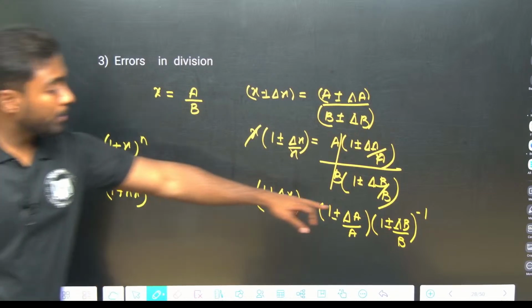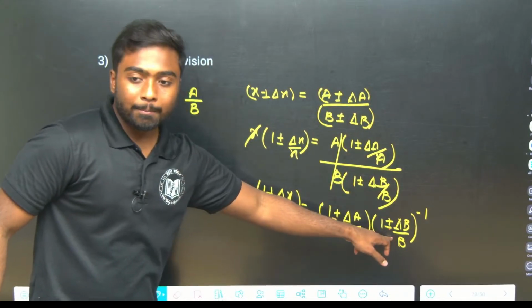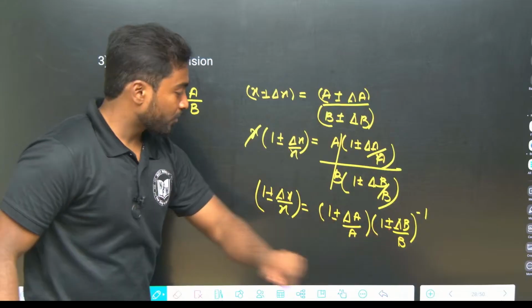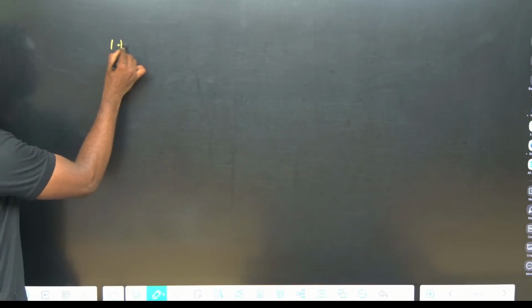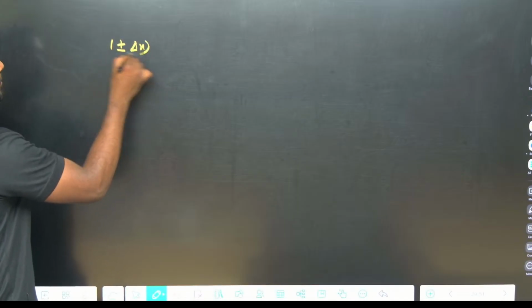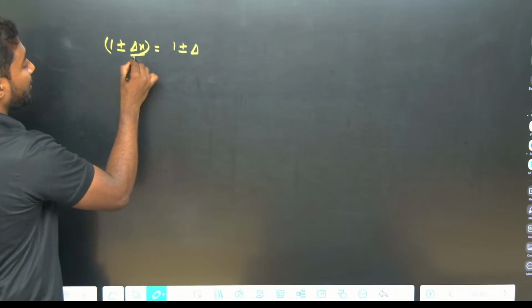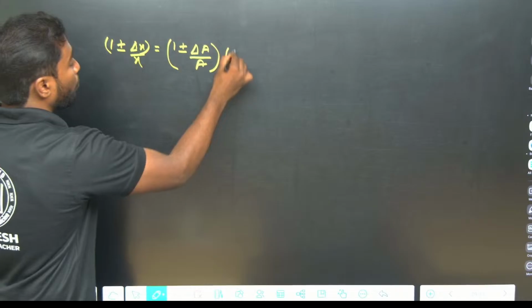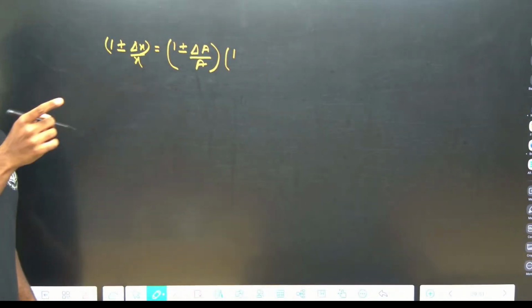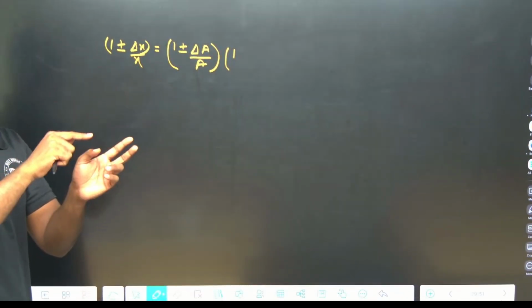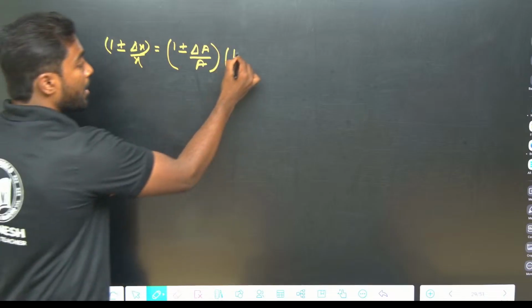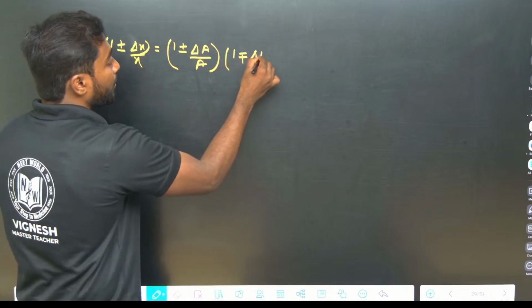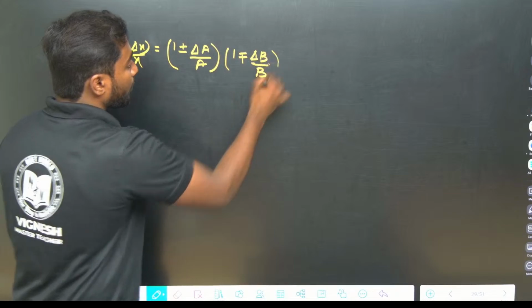So here I can take minus 1. So what will happen? 1 plus or minus delta x by x equals 1 plus or minus delta A by A into 1 minus or plus delta B by B. If I multiply by minus, it will become minus plus.